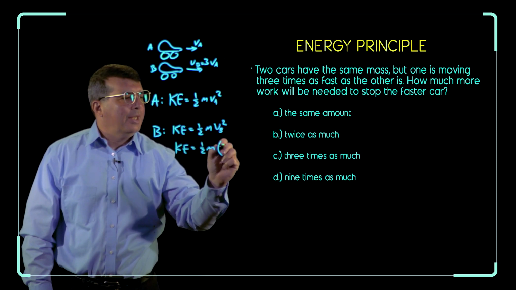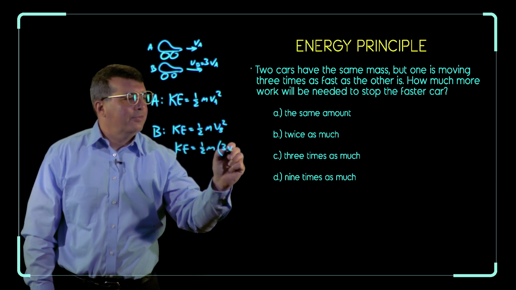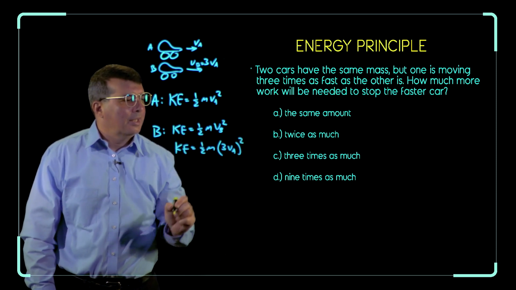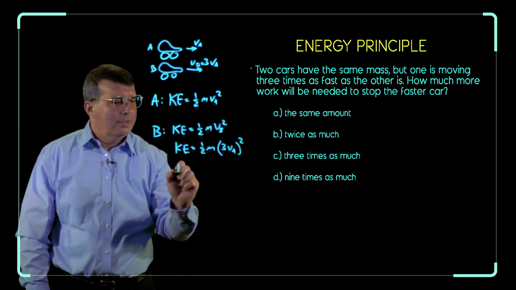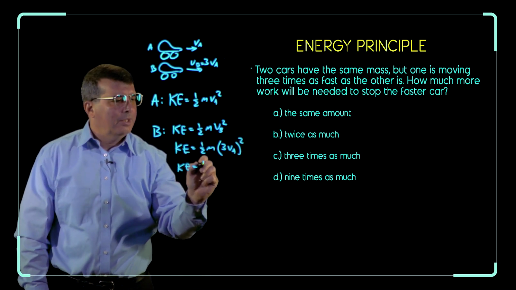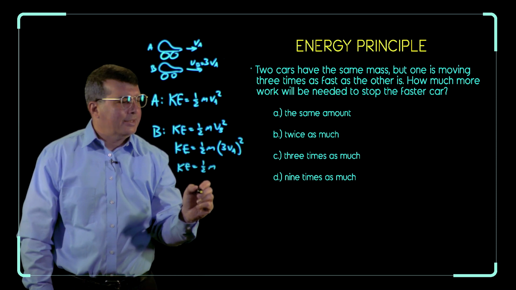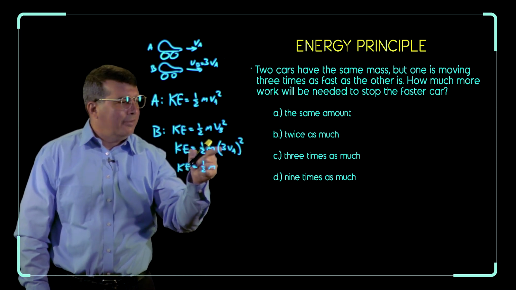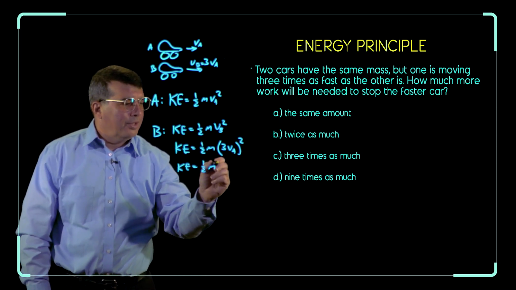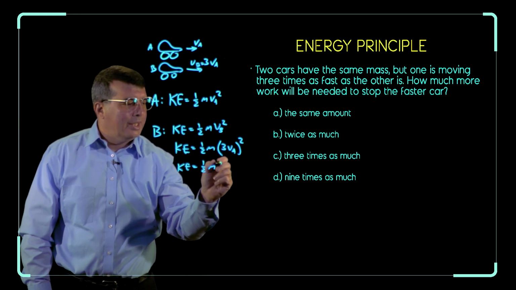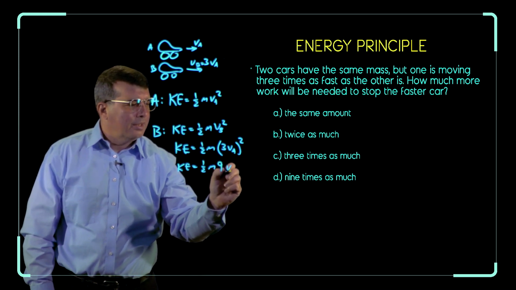But VB is 3 times VA. So the kinetic energy is 1/2 the mass, and now I have to square the 3 to get 9. 3 squared is 9.